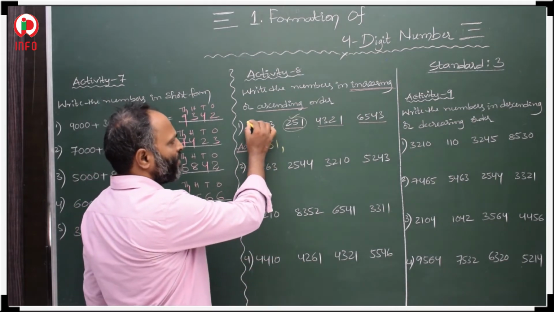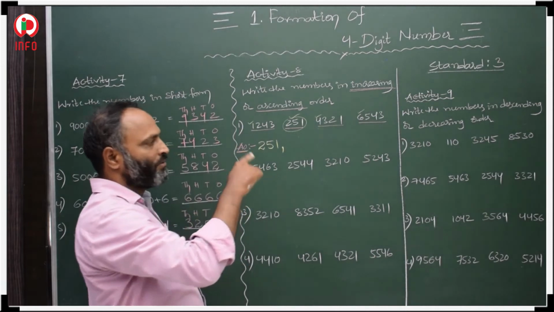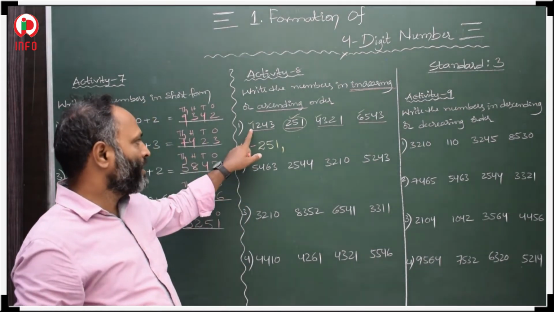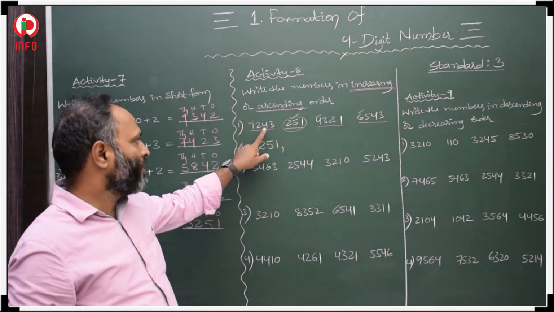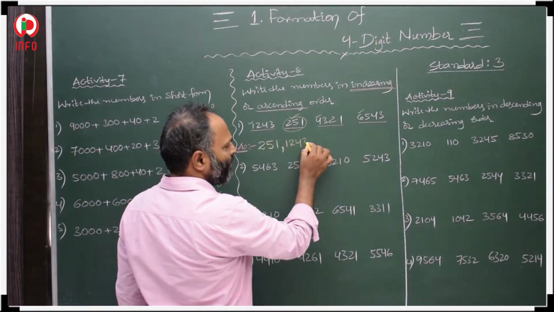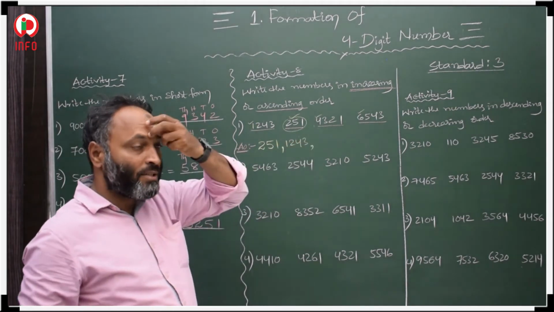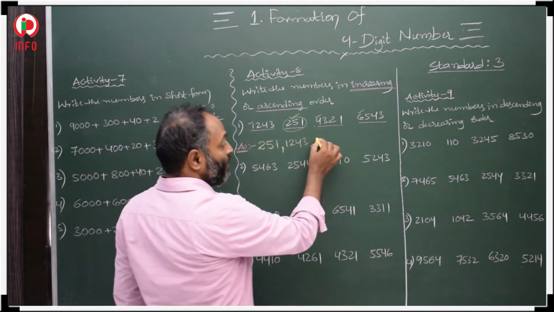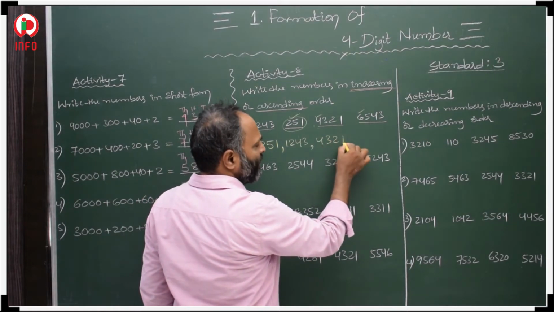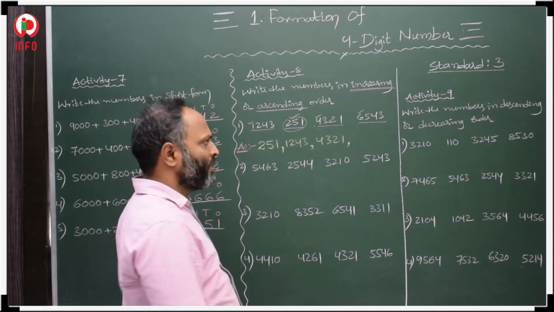Here 1000, 4000, 6000. 1 is the smallest, that is 1243. After 1000 comes 4000, so next is 4321. Then after 4000, 6000.